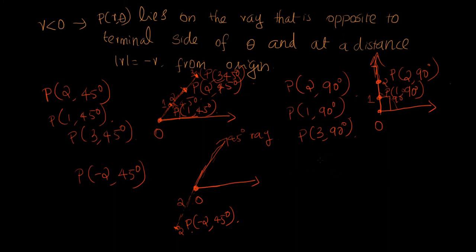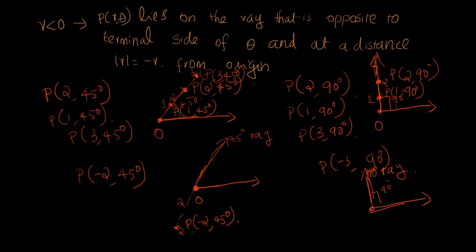Suppose this is P(-3, 90°). What will happen here? First of all, we have to draw a ray, the 90-degree ray. This is the 90-degree ray, and this is -3.